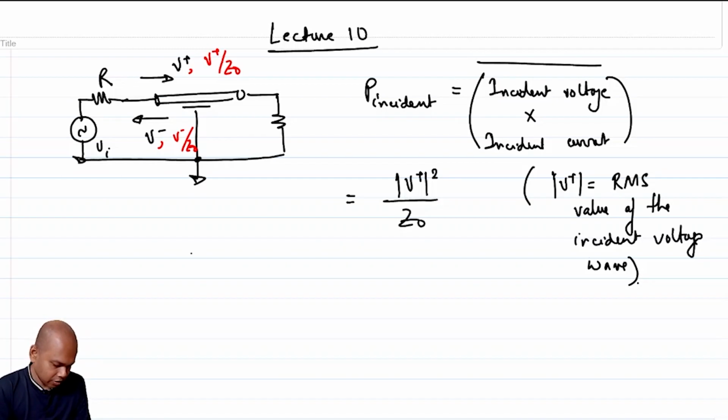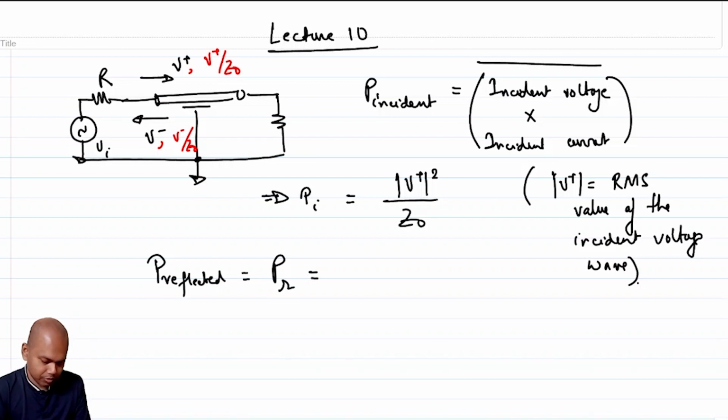Similarly, the power reflected, I will refer to this P incident as Pi, and P reflected as PR, is, using the same analogy, mod of V minus squared by Z naught.